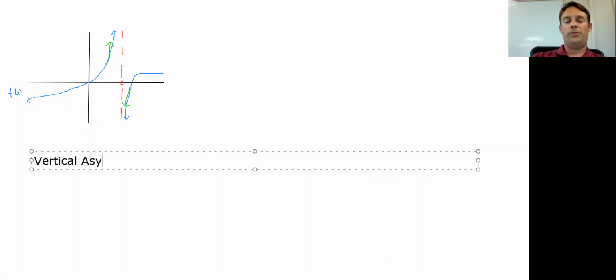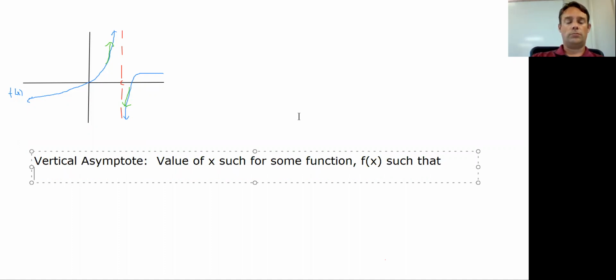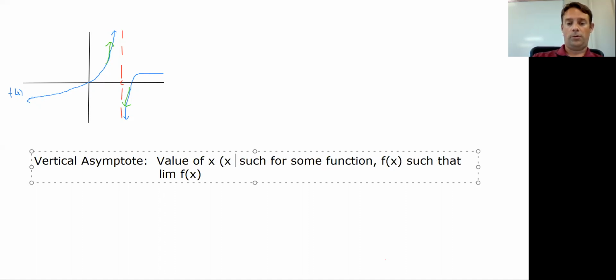A vertical asymptote is a value of x for some function, we'll call it f of x, such that the limit of f of x, we better probably call that c.